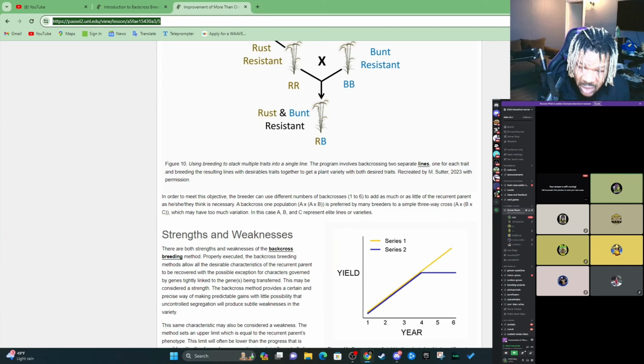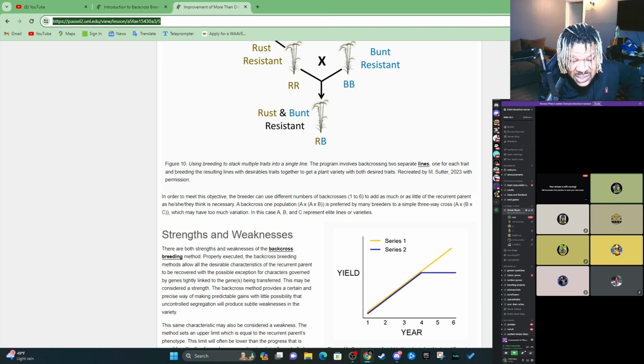Properly executed, the backcross breeding methods allow all the desirable characteristics of the recurring parent to be recovered, with the possible exception of characters governed by genes tightly linked to genes being transferred. This may be considered a strength.